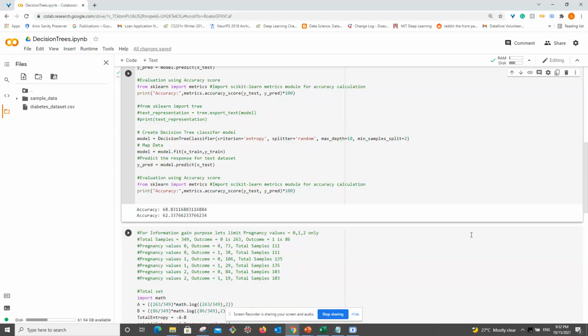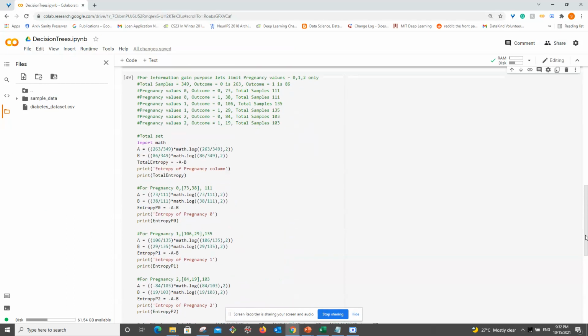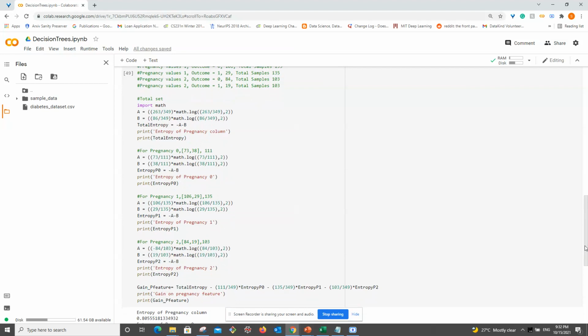We have the code, and we'll share it. If you look at it, for the overall set I compute this and get this value. Then for 0, we again do the same computation. How many times does 0 occur? 0 occurs 111 times, 1 occurs 135 times, and 2 occurs 103 times.